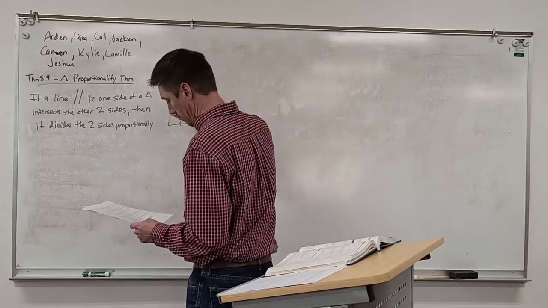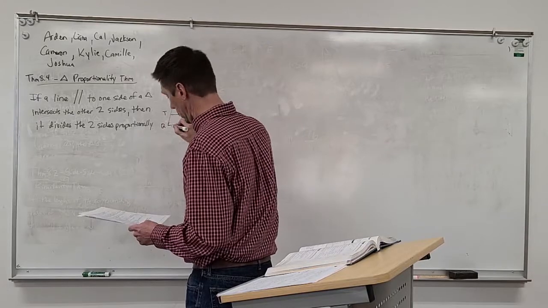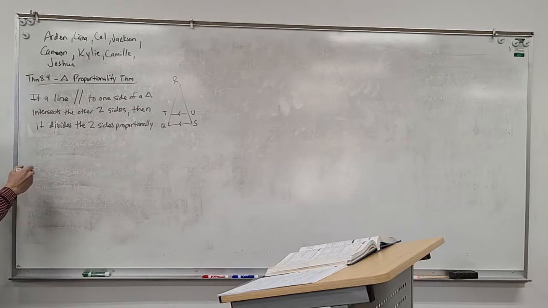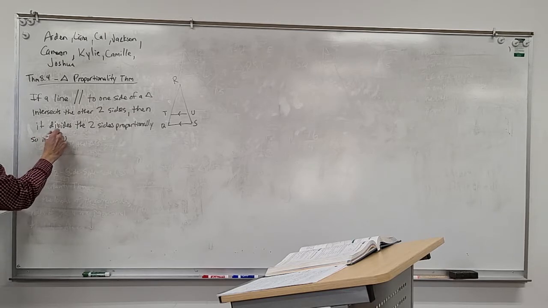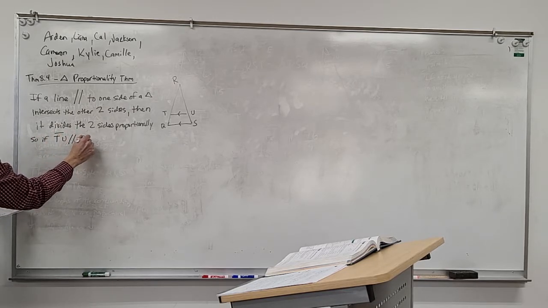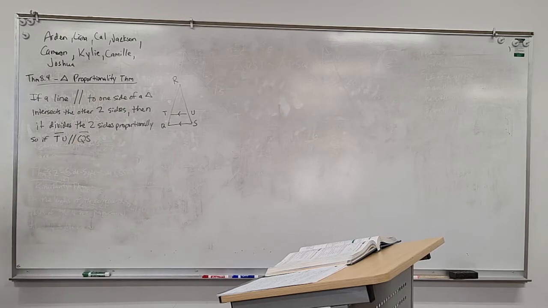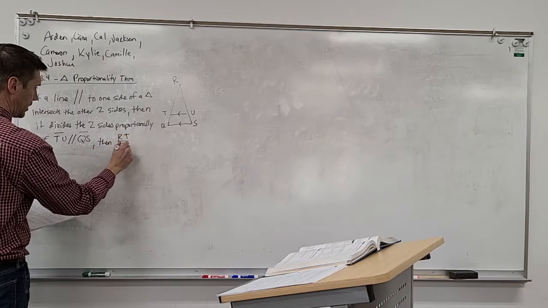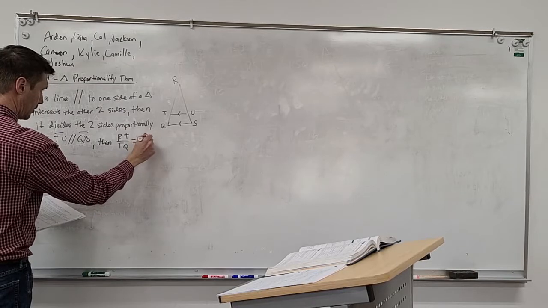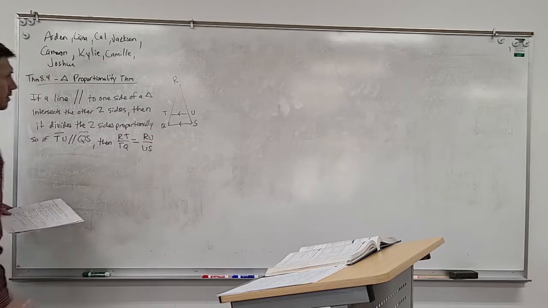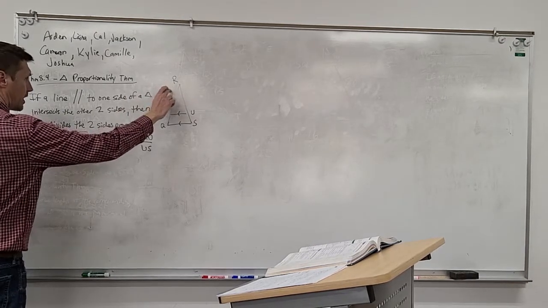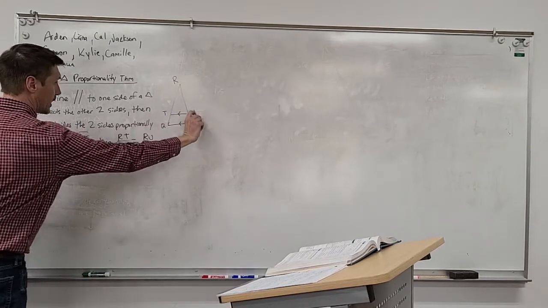R, T, Q, U, S. So for that drawing there, if TU is parallel to QS, then RT over TQ equals RU over US. So the proportion of this side to this side is equal to the proportion of this side to that side.